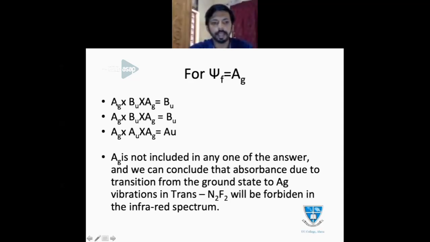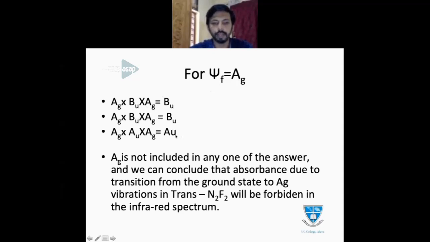The initial state psi I is the completely symmetric representation Ag, Ag, and Ag. Again, this psi F is Ag. If we multiply, we will get Au, Bu, and Au.